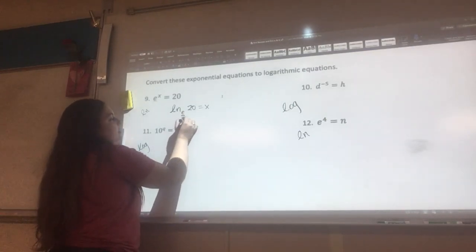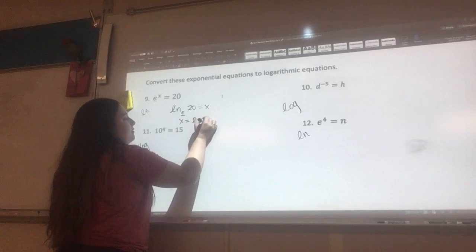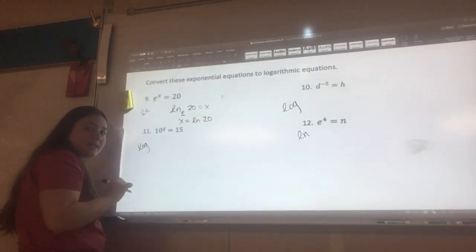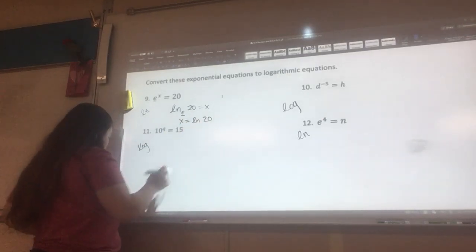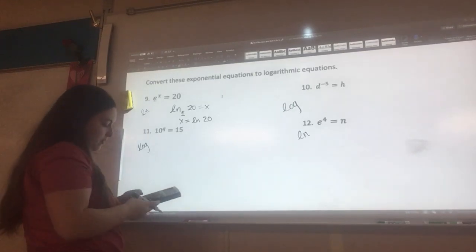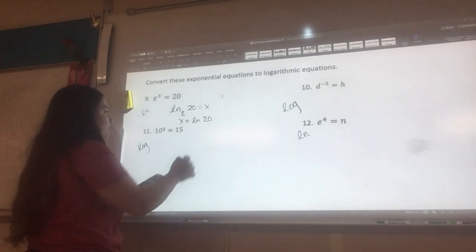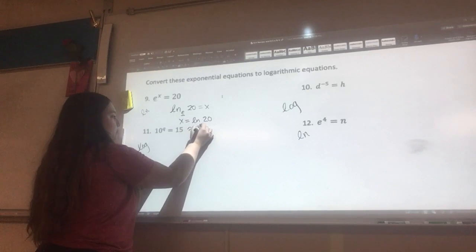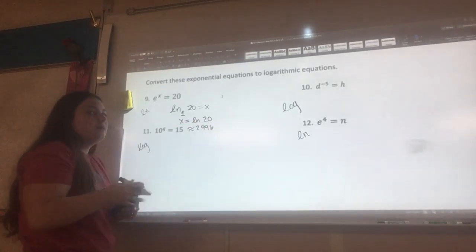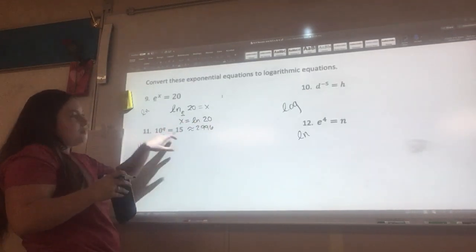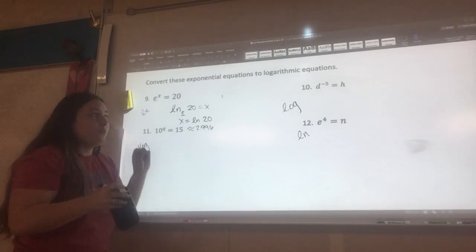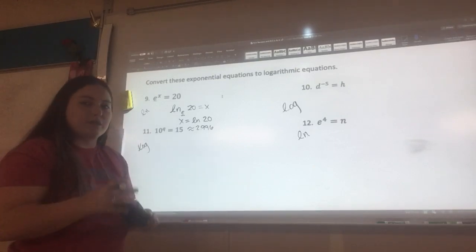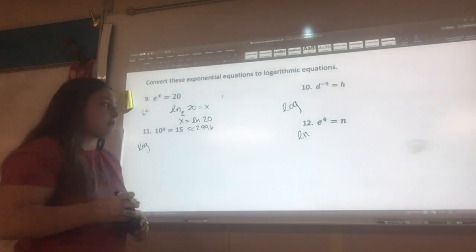No, so your answer can be just left as ln of 20. Once again, you can plug that in your calculator. You plug in ln of 20. So you just go to the ln button, put in 20. You should get approximately 2.996. We are not asking for variables. We're just getting you into conversions, but for future reference, we can just plug them in our calculators and get approximate answers.